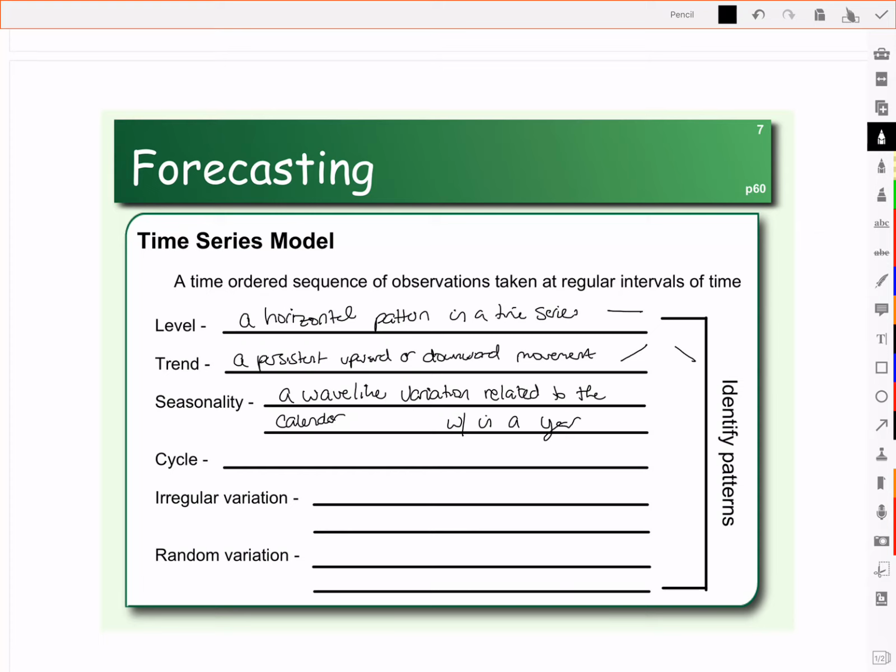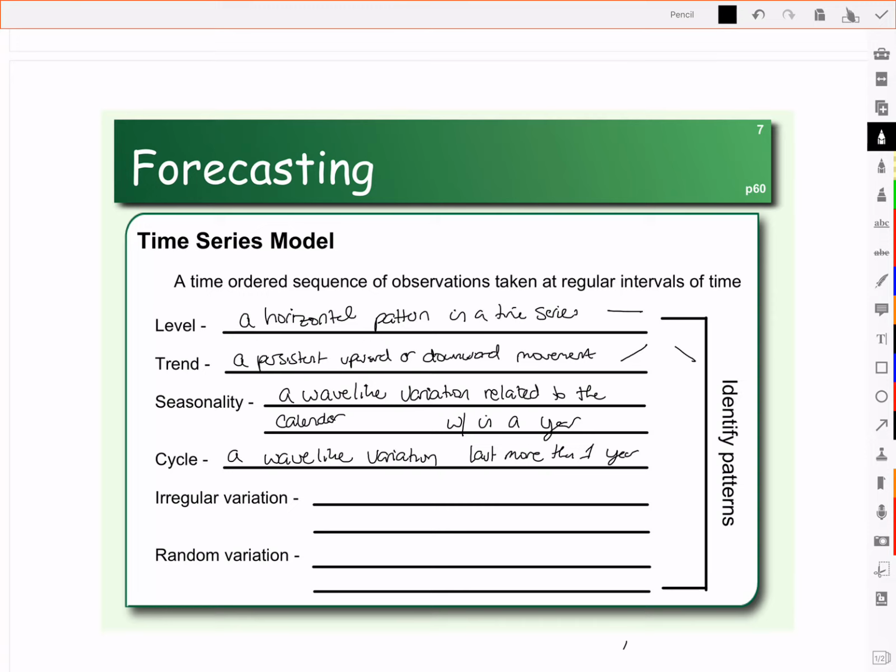In comparison, a cycle is a wave-like pattern. And this is going to last more than 1 year. So cycles, we think about things like business cycles. We could have periods of growth and then contraction, and it can span multiple years. So that peak that you see might take a number of years before we're back up to that peak.